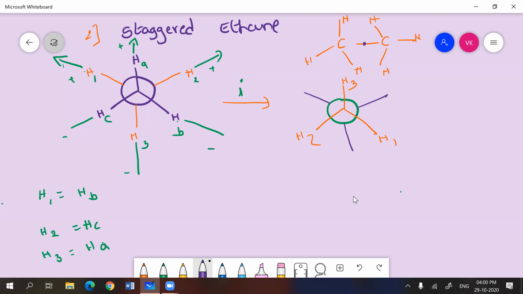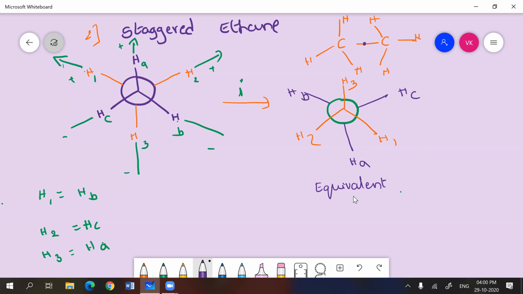So now here it will be HB, HC, and HA. If you see this, it looks the same. The only thing is the position of hydrogens has been changed. That's why we say it is equivalent geometry. Equivalent. So an inversion center is present.